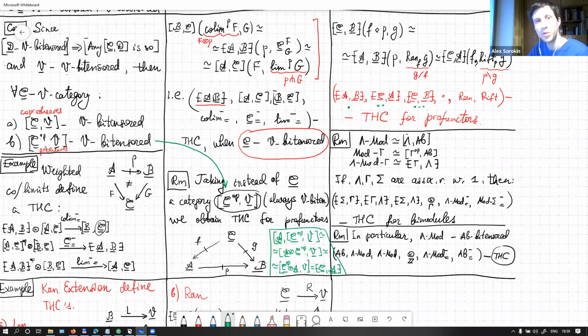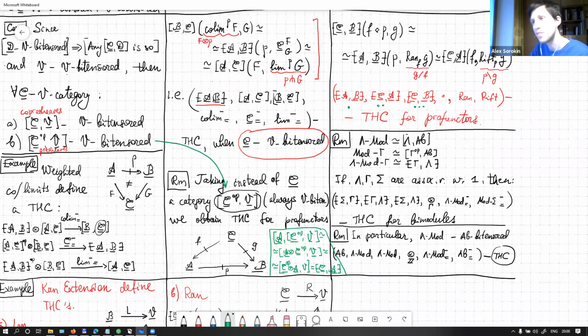So everything that we were doing up to now is given by Tensor-Hom-Cotensor. So pretty much always you have the third one. If you have an adjunction of one with something else, then you need to think a little more, and maybe you have the third adjoint, covariant to the first and contravariant to the second.